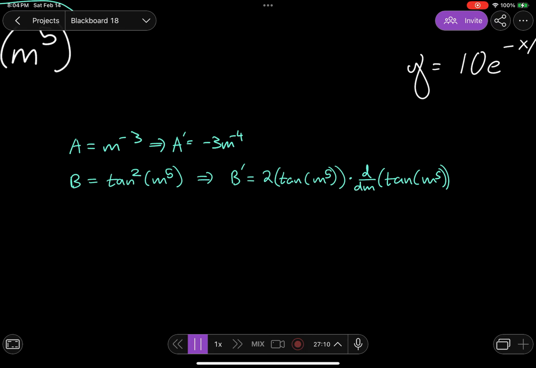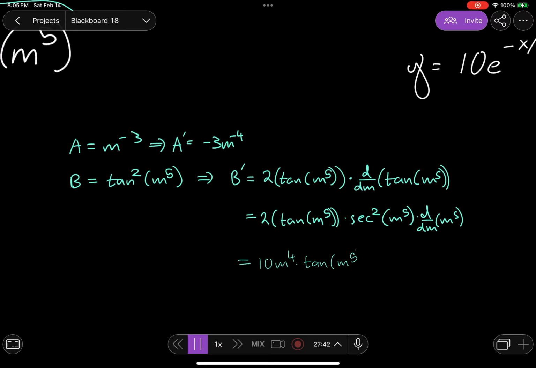But shoot, we know what the derivative of tangent is. So this is the same thing as 2 times the tangent of m to the 5th times secant squared of m to the 5th times the derivative with respect to m of m to the 5th. Okay. Now, final answer. The derivative of m to the 5th is 5m to the 4th. So what I have is 10m to the 4th times tangent of m to the 5th times the secant squared of m to the 5th.